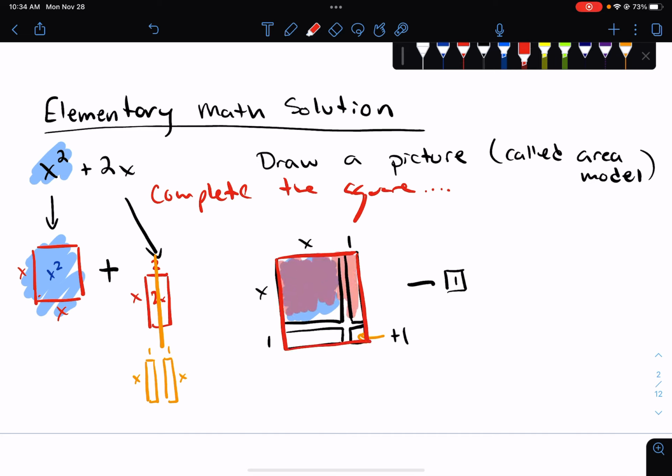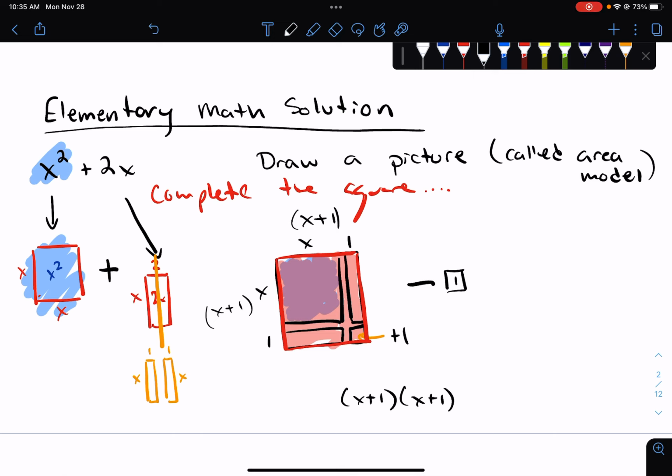So I want to look at this great big, beautiful, wonderful square that I made. These tell me how big it is. It is x plus 1 wide, and my square is x plus 1 tall. So my new equation is x plus 1 times x plus 1.